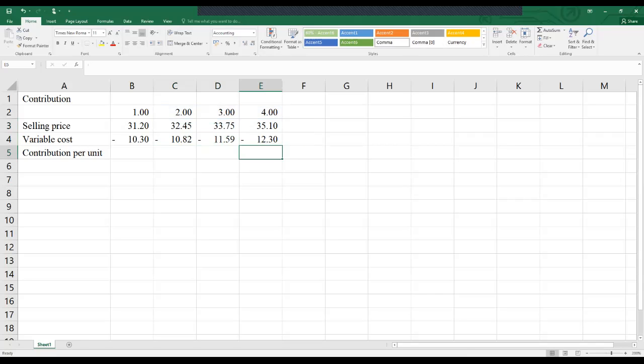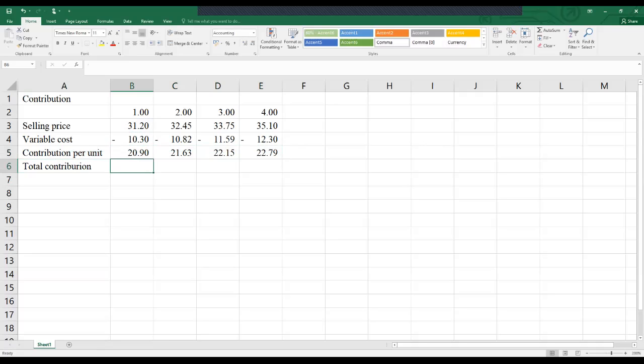Contribution per unit, therefore, is simply selling price minus variable cost, to give 20.9 for year 1 all the way to year 4. Then we have here the total contribution. There's no penalty in case you do a typo, like here I have done contribution.